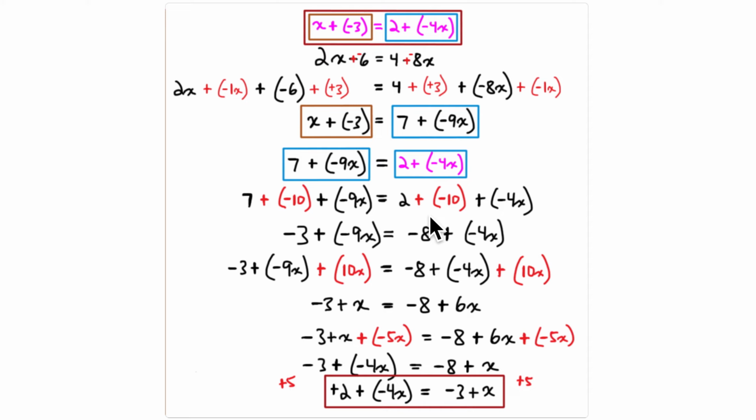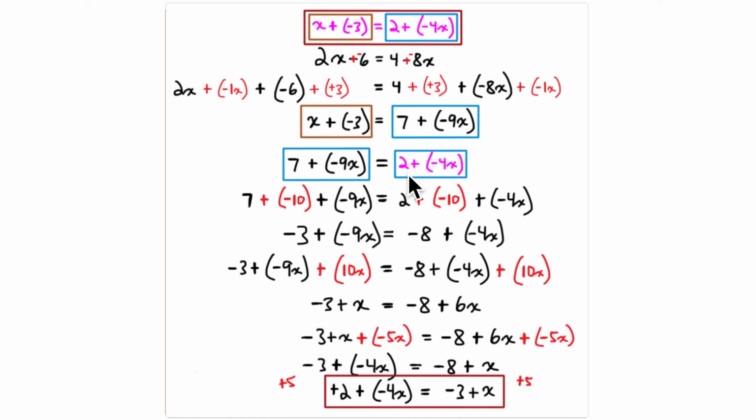Turns out that if I had chosen to make the right side x plus negative 3, so I would add 5x to this side, I'd add 5x to this side, this would become a negative 4x, which is right here. And this is a negative 3, I would have added negative 5 to this side.